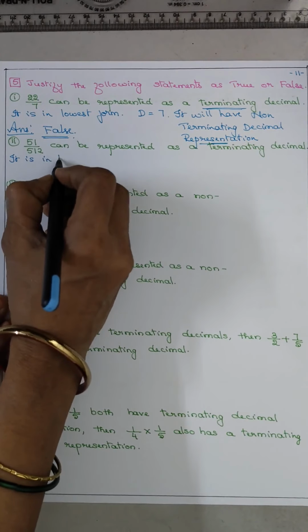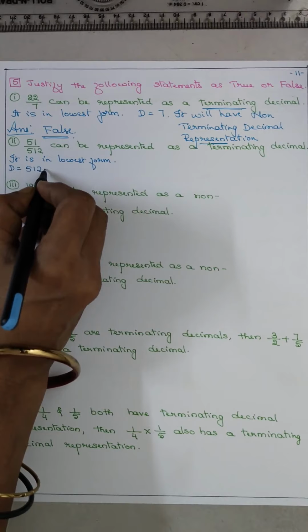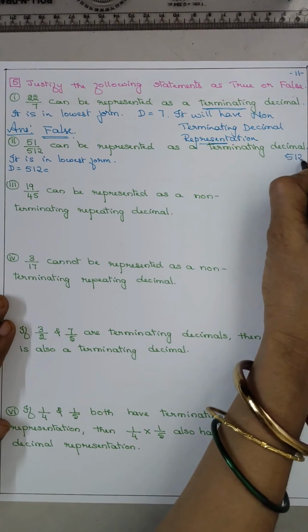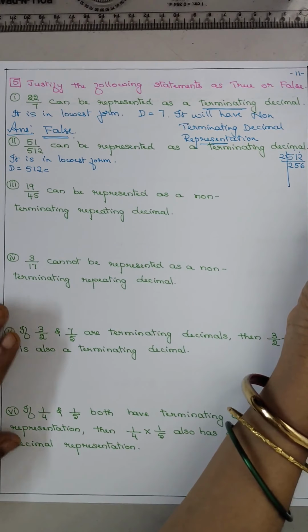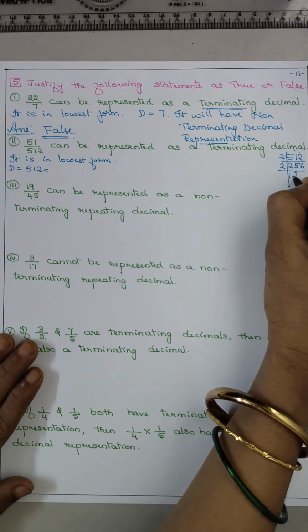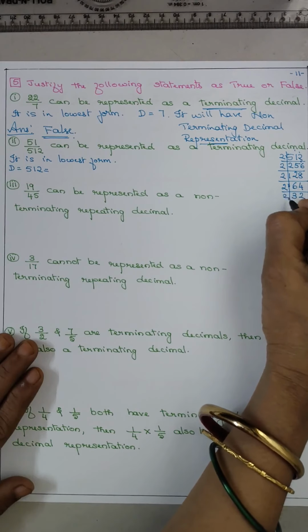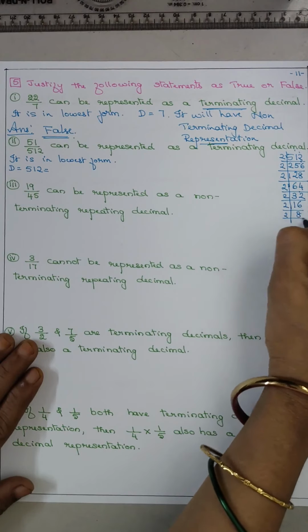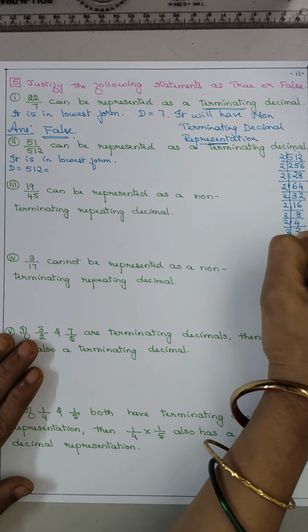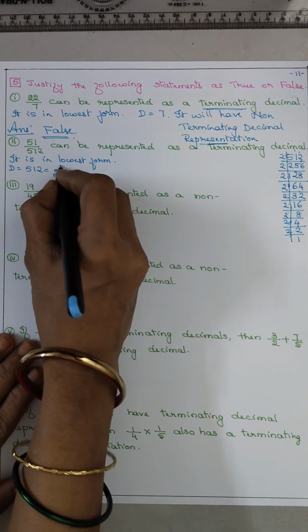Now 512 can be written as a product of 2s: 2 2s are 4, and so on, and we get 2 to the power 9.